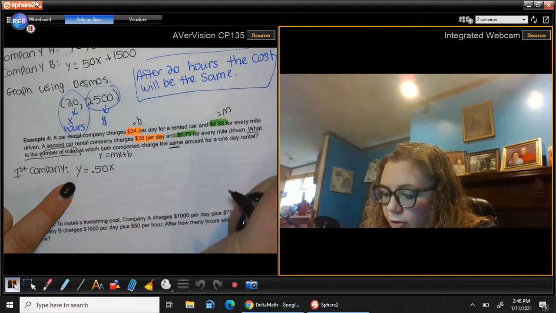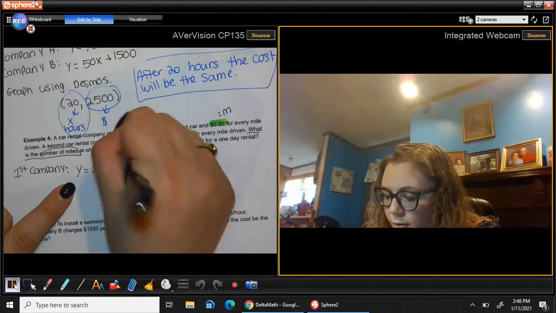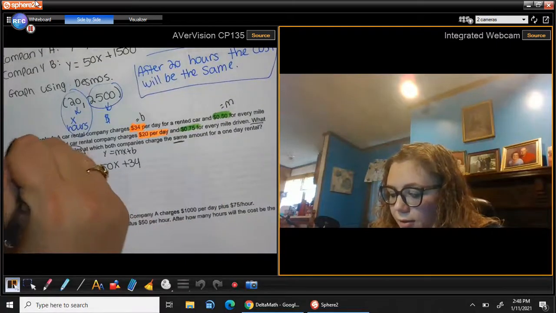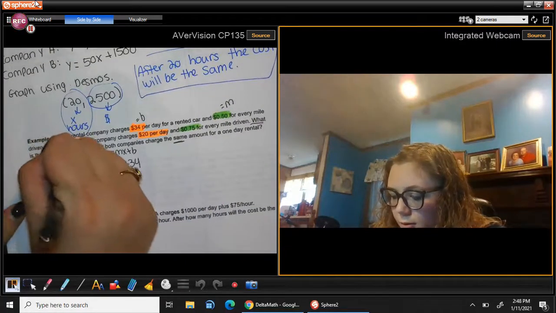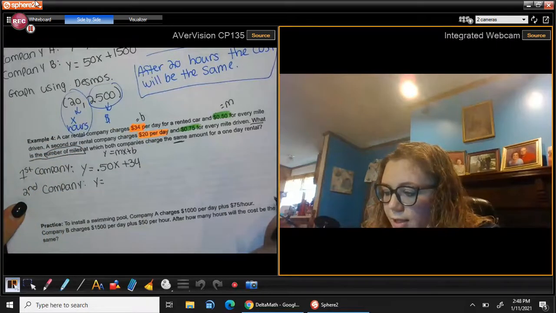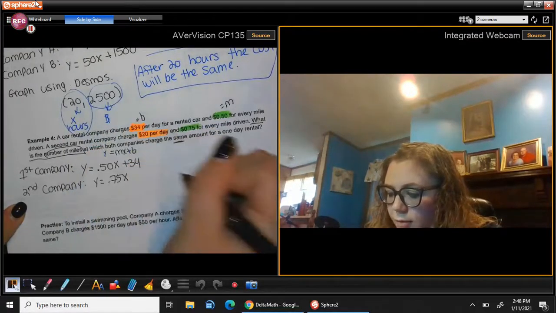Okay, and what's my initial value for the first car rental company? $34. Okay. Then the second company, what is my slope for the second company? 75 cents. And what's my initial value? $20.